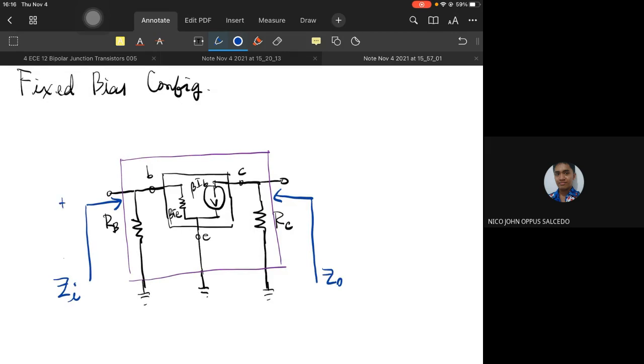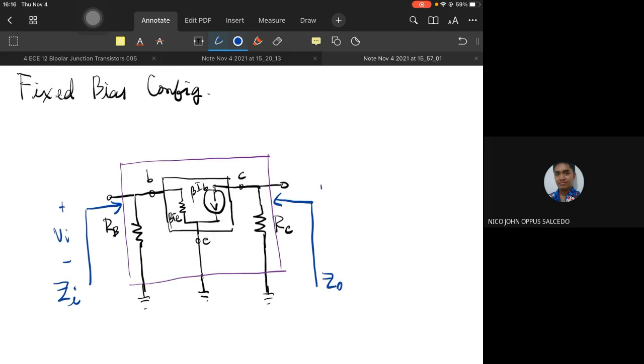So voltage input is measured here. Voltage output is measured here. Voltage gain is output over input. So these three, technically atong i-derive.